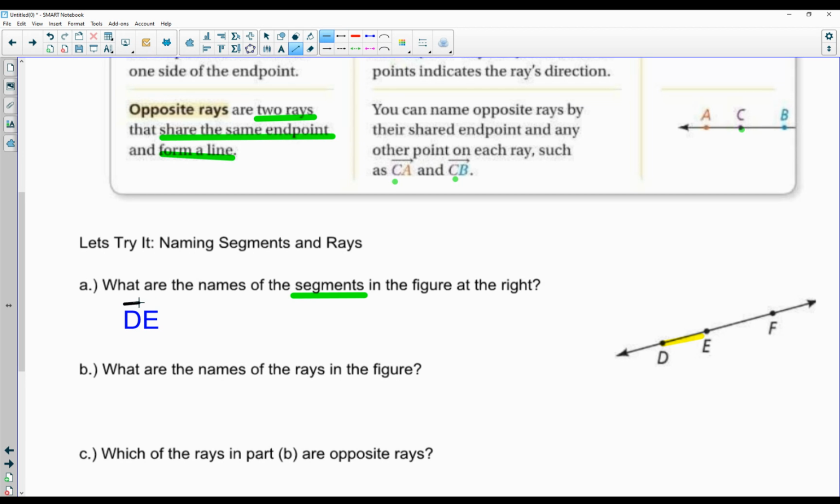Remember, that segment can also be named ED, right? Because it's just from one endpoint to the other, and it needs its little bar. So there's one. Another segment that I see is from here to here, and I would name that segment using the endpoints E and F. So you have EF.